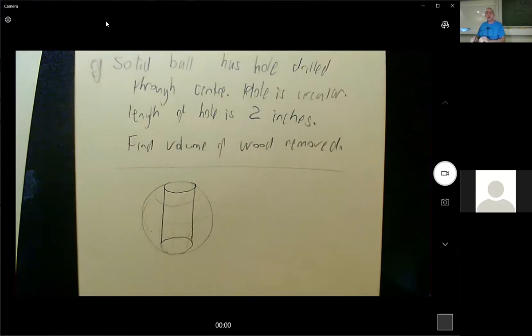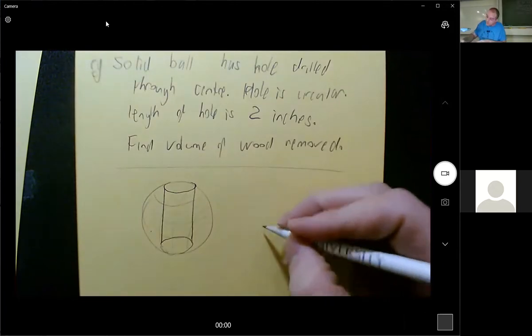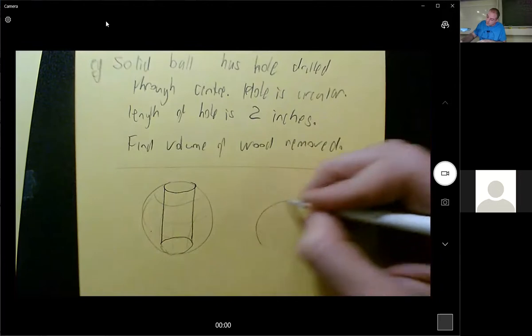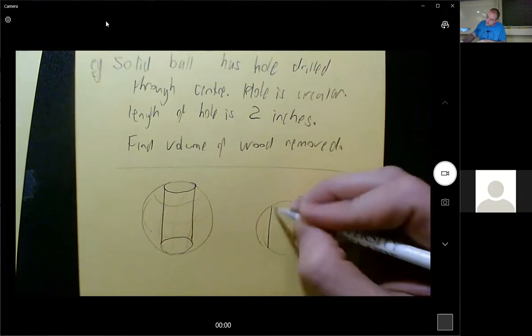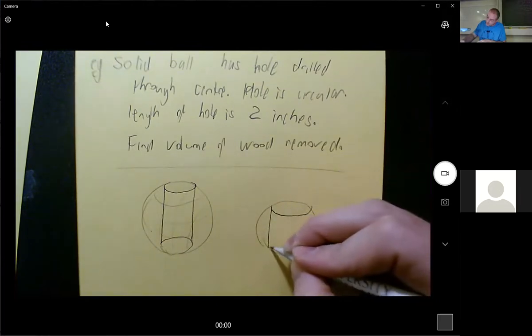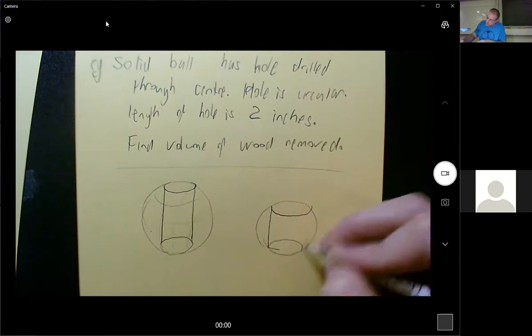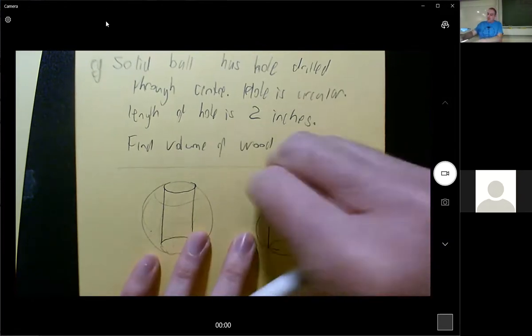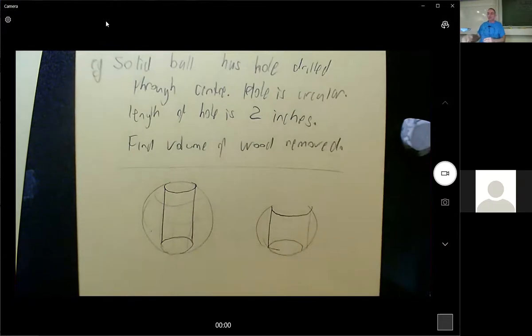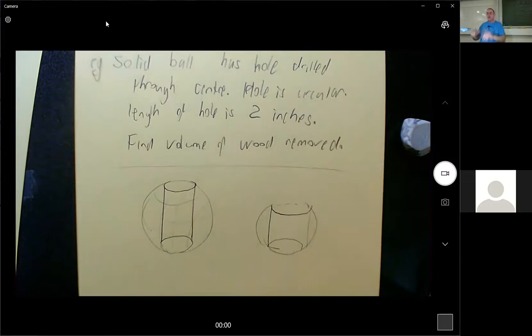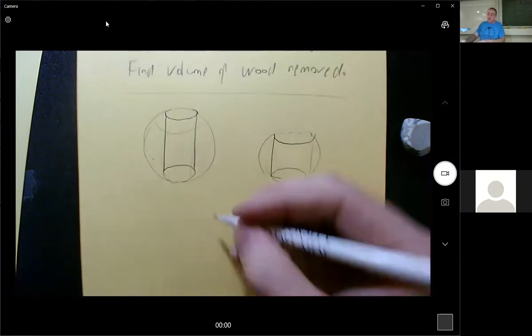Oh, okay. So I'm just going to imagine, what if my ball was really small and we ended up taking most of the ball, because then that would be chopped off like that, wouldn't it?